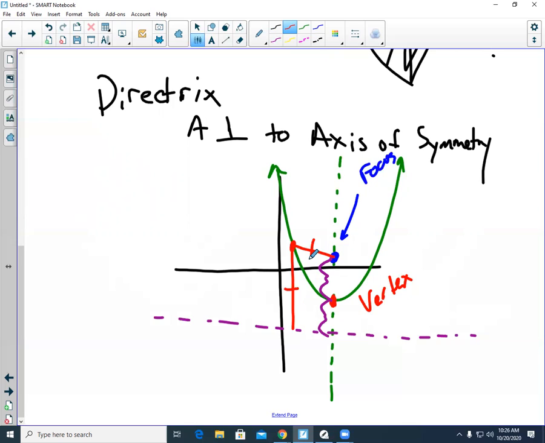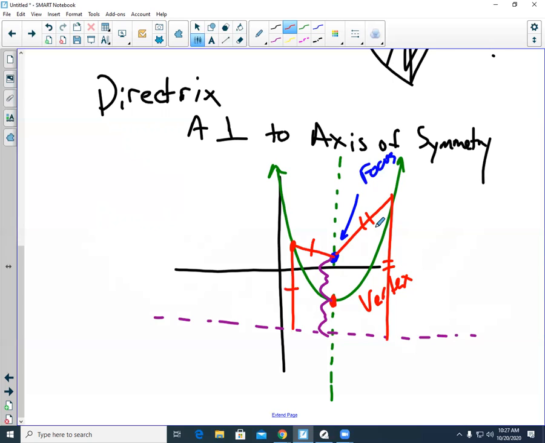I know that my drawing is not perfect. That's because this line is very slanted. But these distances are actually equal to each other. Any distance from the focus to the parabola, and then the parabola to the directrix, those things are congruent to each other. So you can see what kind of issues that would have created in geometry if you decided to learn this early.